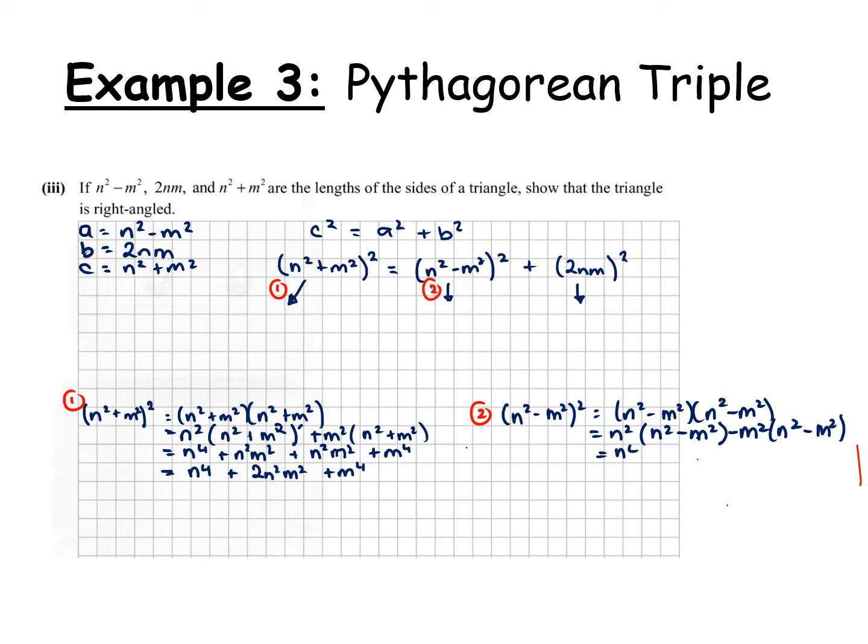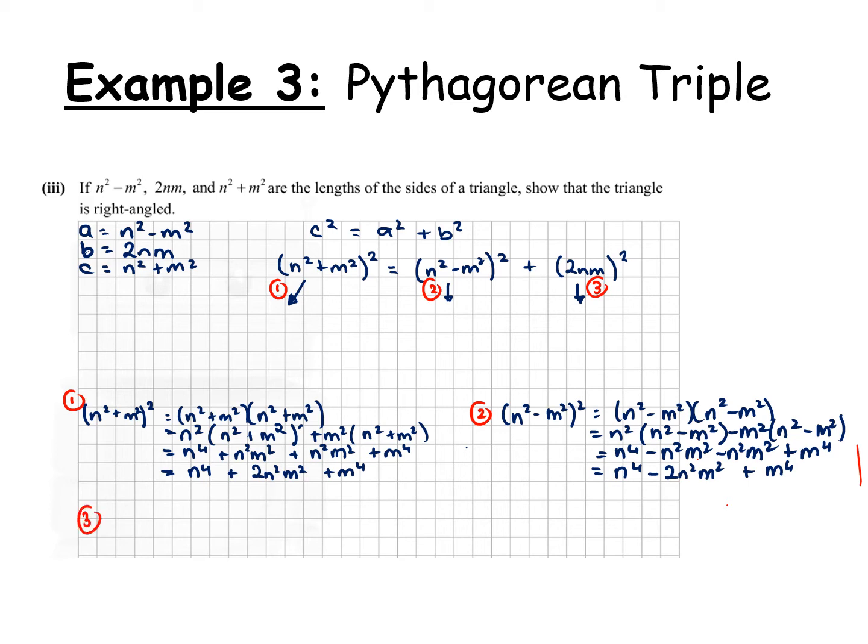We get n to the power of 4 minus n squared m squared minus n squared m squared plus m to the power of 4. Simplifies down to n to the power of 4 minus 2n squared m squared plus m to the power of 4.